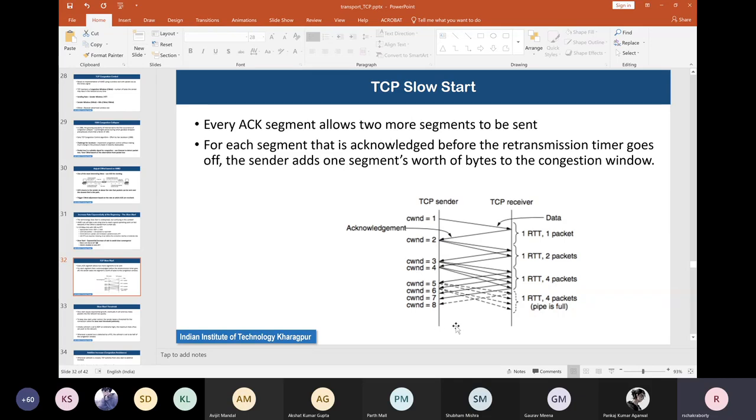Because it now received 4 acknowledgements, the CWND increased from 4 to 8. So within an interval of 3 round trip times, it has increased from 1 to 8, 2 power 3 for 3 round trip times. So this is exponential increase. And then the pipe might become full, which means it has probably reached the RWND limit, and it cannot increase anymore.